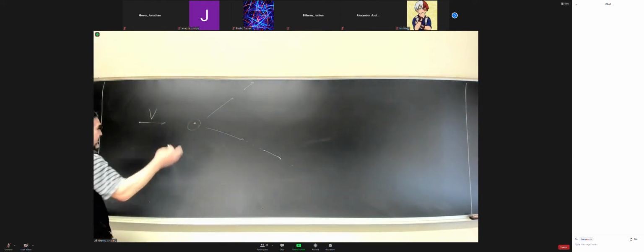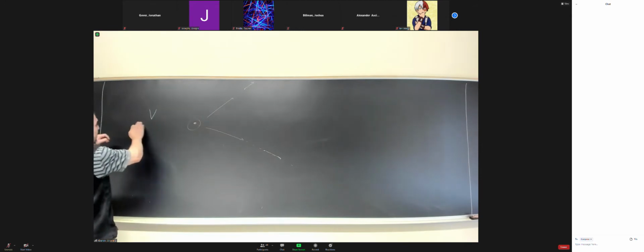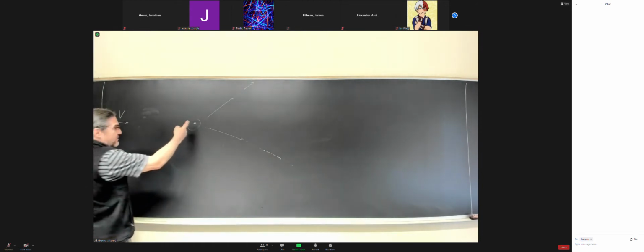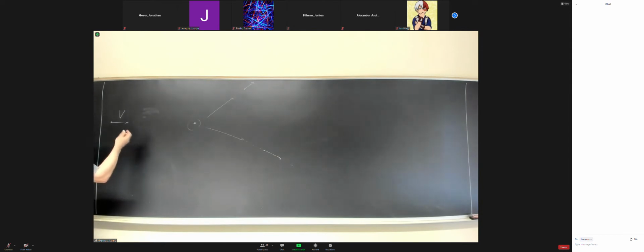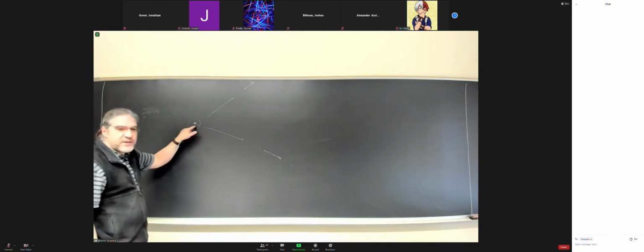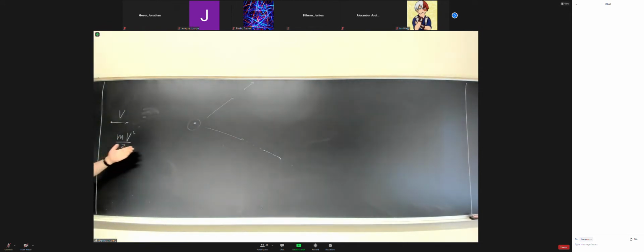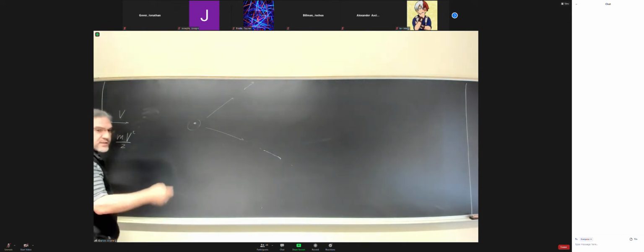In the initial state, when this particle is very, very far away, let's draw it very far away, the total energy of the system is the kinetic energy m v squared over 2 of this particle, plus the kinetic energy of the other particle, which is 0 in classical mechanics because it's the target, plus the potential energy.